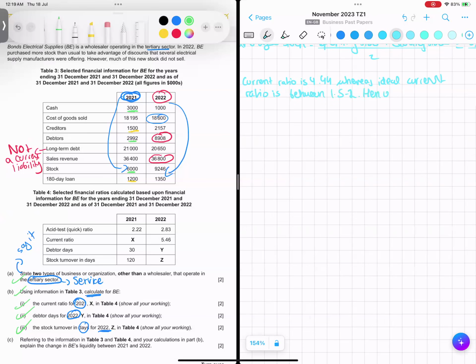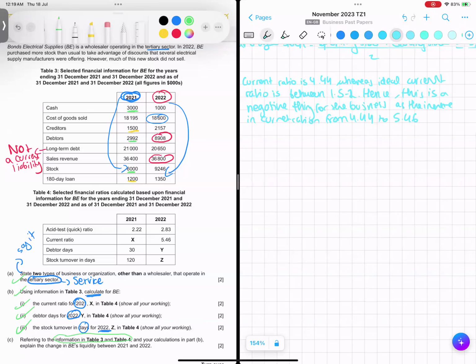Hence, this is a negative thing for the business, as the increase in current ratio from 4.44 to 5.46, because again, we have to refer to information in Table 3 and 4.